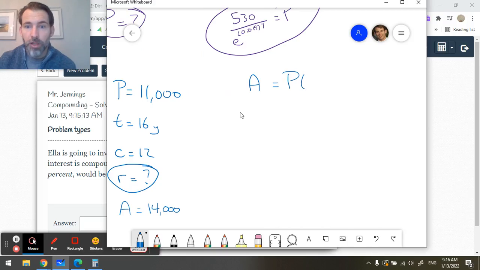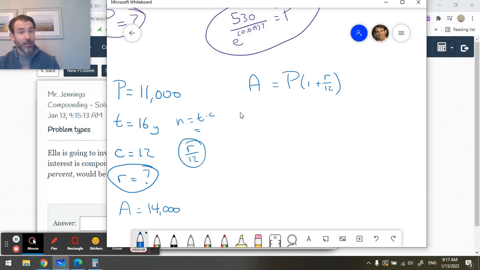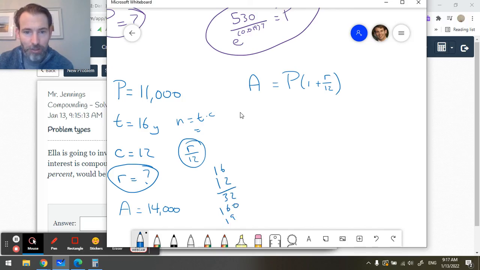It's going to be the principal multiplied by 1 plus the interest rate, which is r divided by 12, raised to the power T times C, which is n equals T times C, which is 16 times 12. 160 plus 32 is 192. So this is all to the power 192.